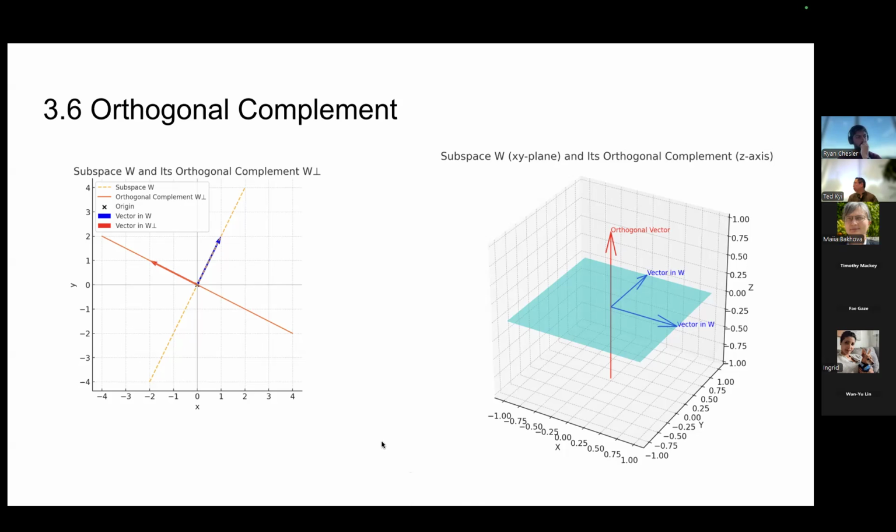On the figure on the right, we can see a two-dimensional plane and a perpendicular z-axis. According to what you just said, this z-axis, which is the complement of this plane, is supposed to be one-dimensional.